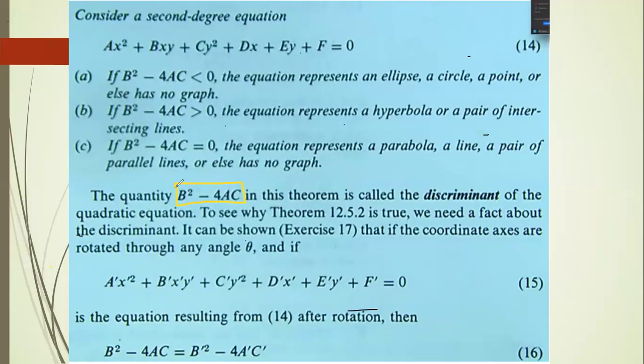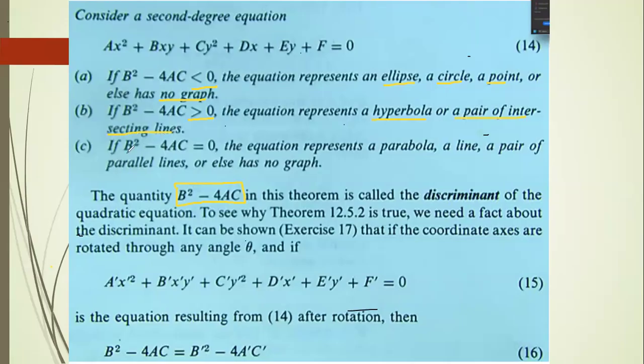So there are a few rules that we need to remember. If b squared minus 4ac is less than 0, it could represent an ellipse, a circle, a point, or else have no graph. If it's more than 0, it could represent a hyperbola or a pair of intersecting lines.